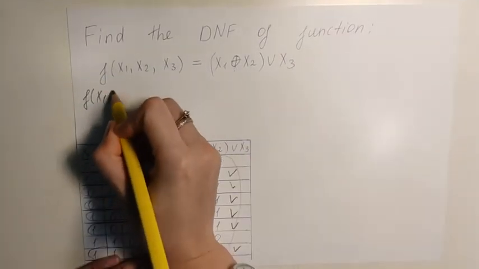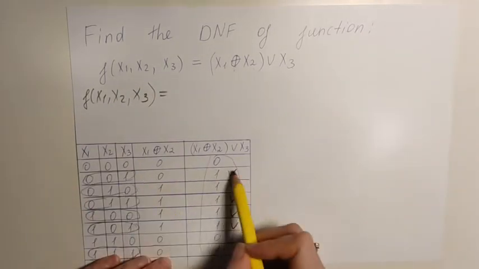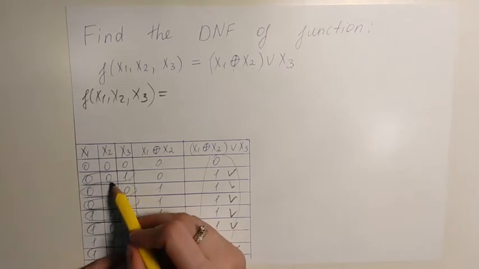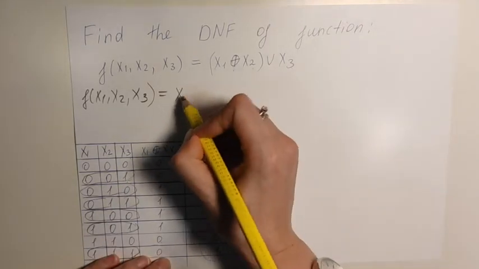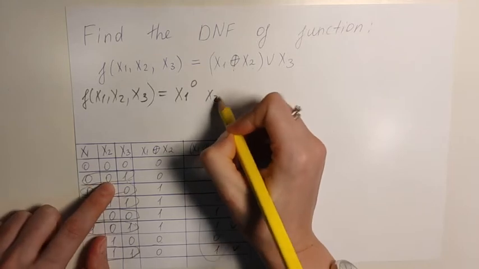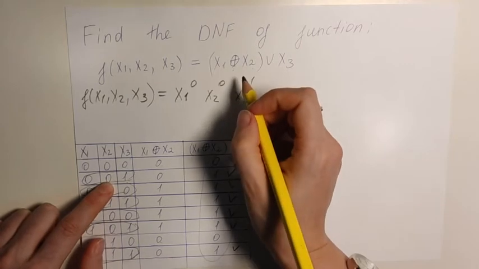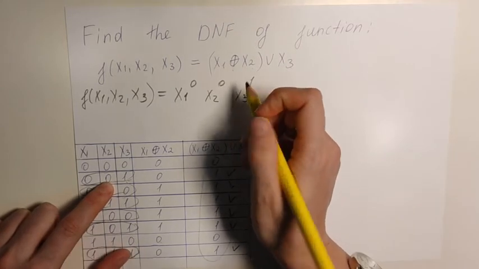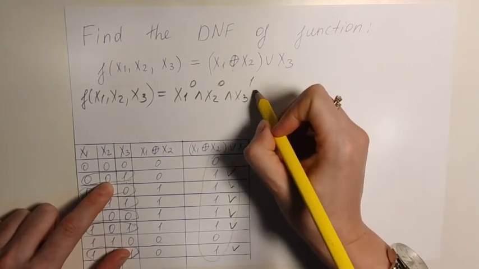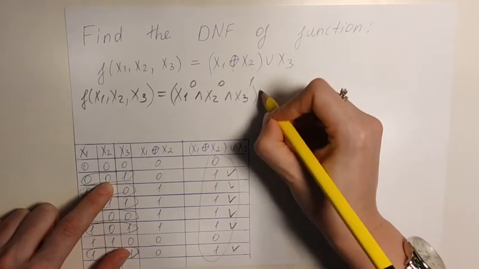If the result is 1, this ordered triple is x1 0, x2 0, x3 1. DNF is ORing together ANDs, so between them there are disjunctions, and among the braces there is conjunction.